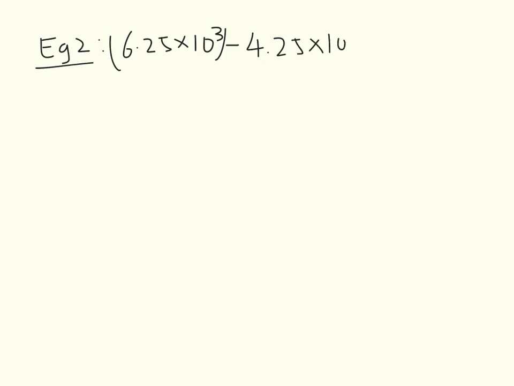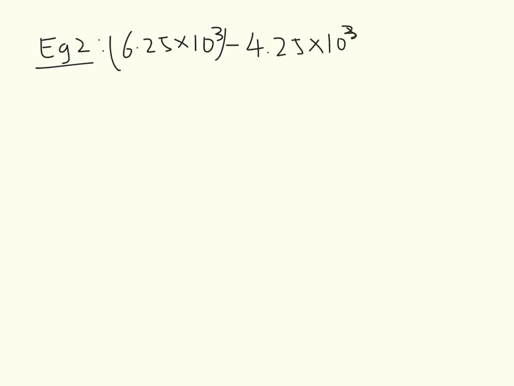In this next example, we will see how we can subtract two numbers in scientific notation. So 6.25 times 10 to the power of 3 minus 4.25 times 10 to the power of 3.